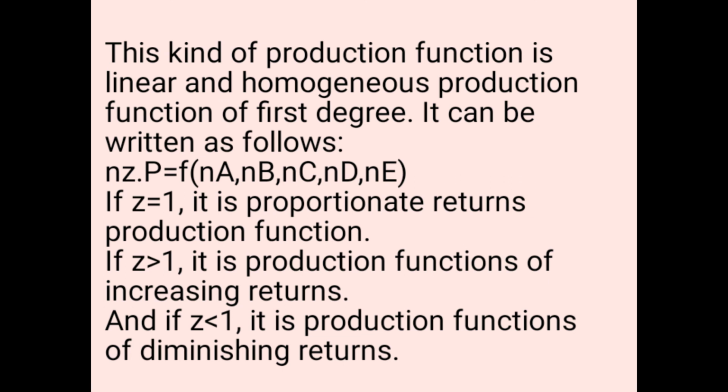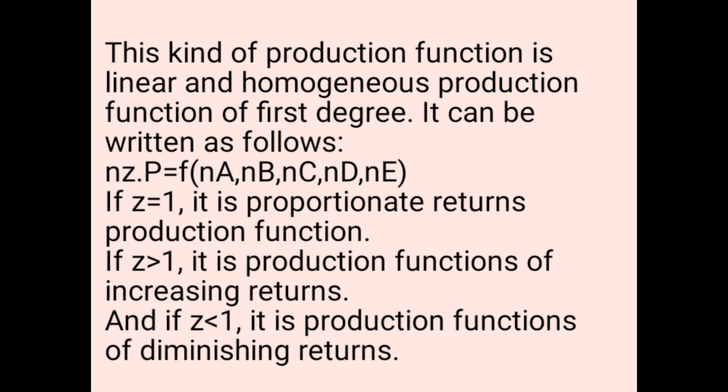So this is the way it is written. And now we are going to take a look that if z is equal to 1, it is proportionate returns production function. As we had studied that whatever inputs we are using, we are getting that much output. Means z is equal to 1. It is proportionate returns of production function.